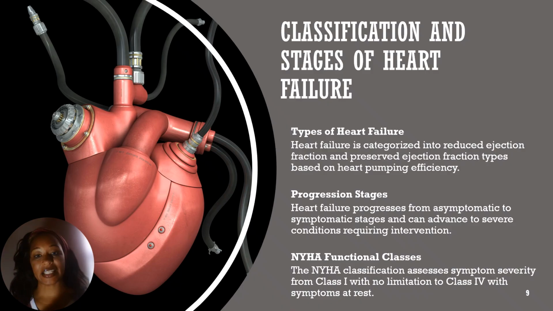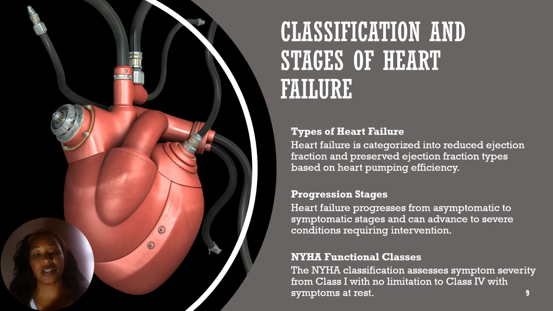Heart failure is classified based on ejection fraction into two main types: heart failure with reduced ejection fraction and heart failure with preserved ejection fraction. The disease typically progresses from an asymptomatic phase to a symptomatic stage and eventually to advanced heart failure.